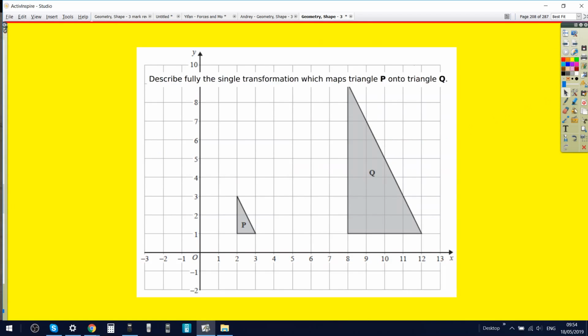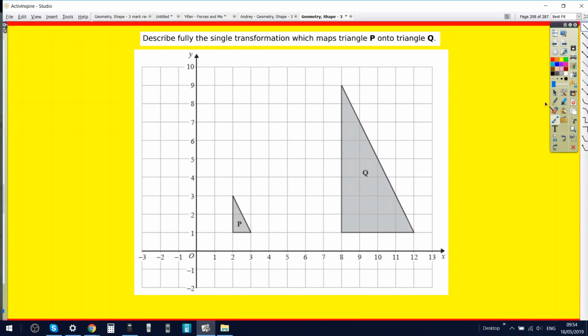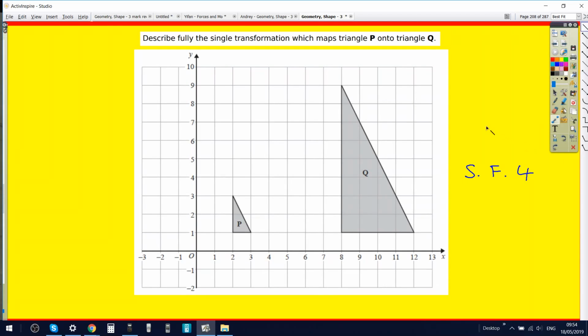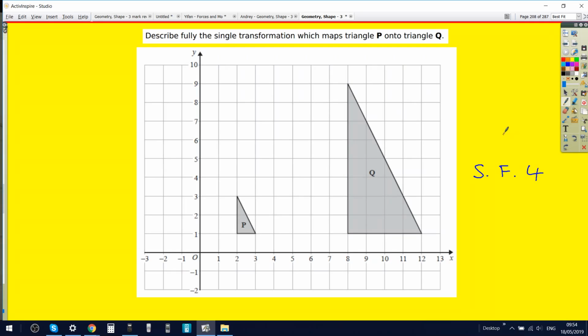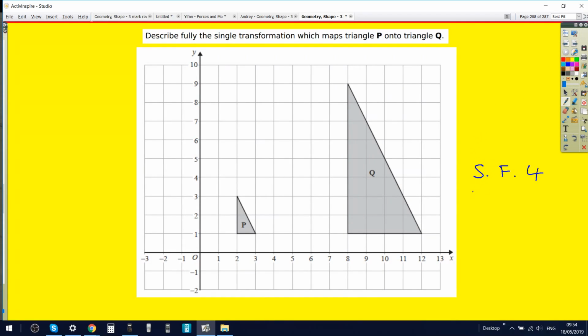How about this? So scale factor 4. And center of enlargement.